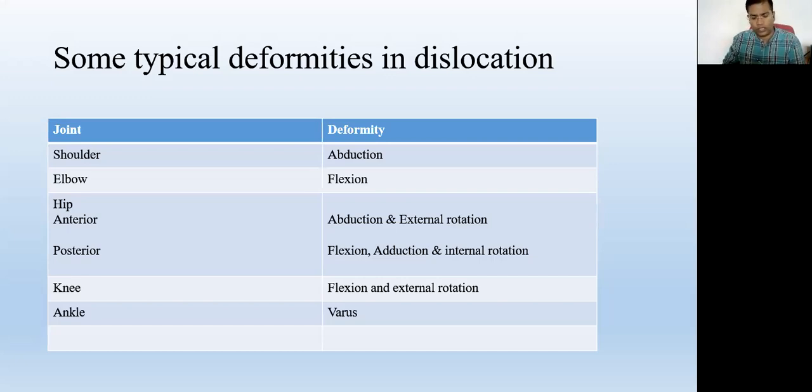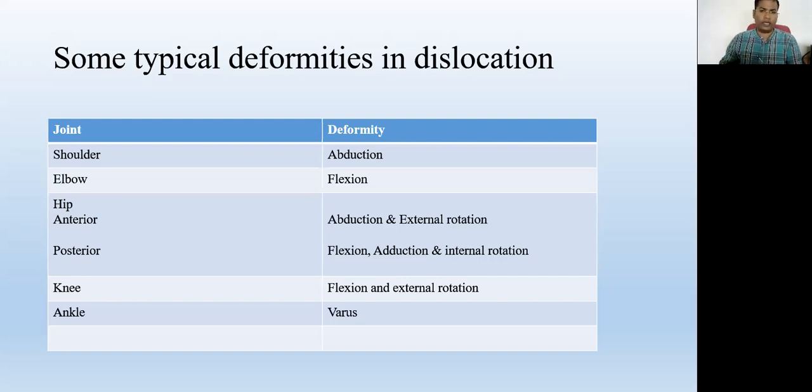In anterior dislocation, there is abduction and external rotation, meaning the hip joint is abducted and externally rotated. While if the hip joint is dislocated posteriorly, then there is flexion, adduction and internal rotation.